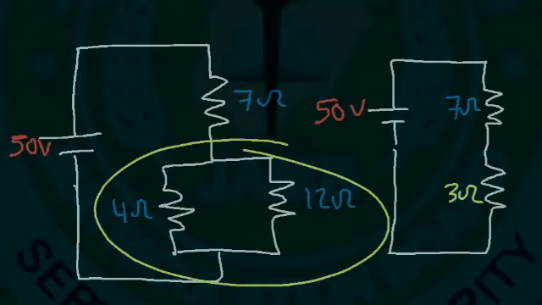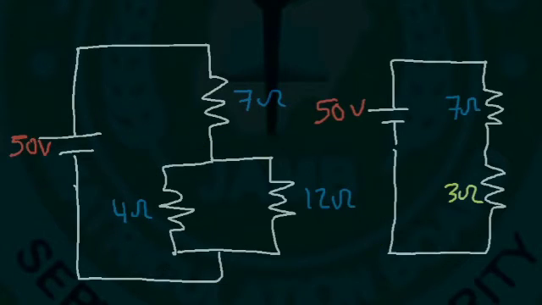The reason why the current increases whenever two resistors are connected in parallel is because you provide another pathway for the electrons to flow. It's easier to travel through a two-lane highway than a one-lane highway. There's more space. So that's why resistors in parallel decrease the total resistance, and resistors in series increase the total resistance.